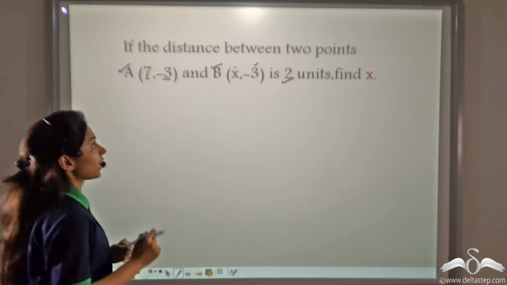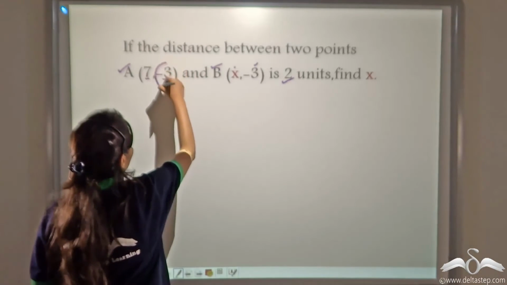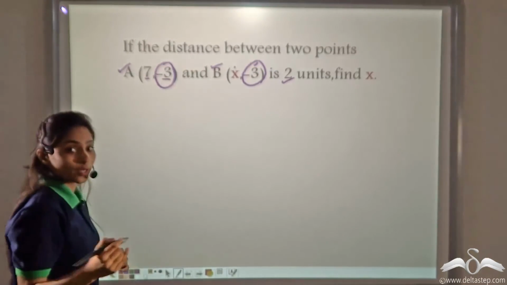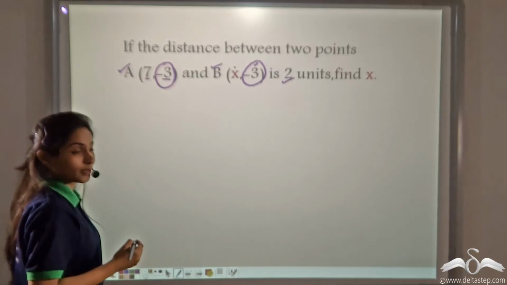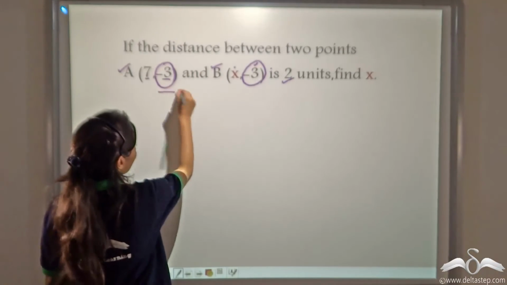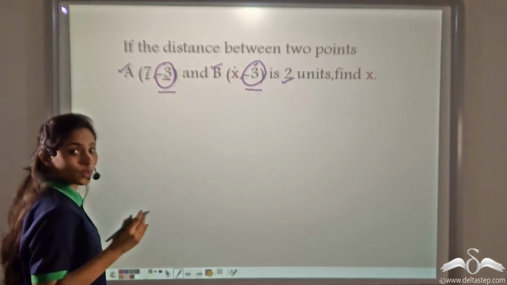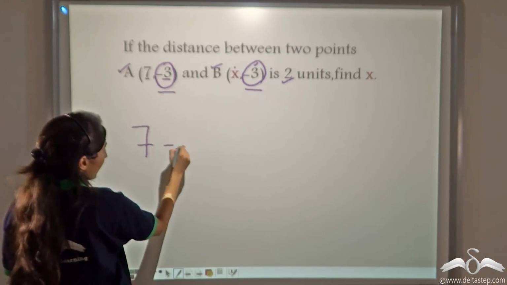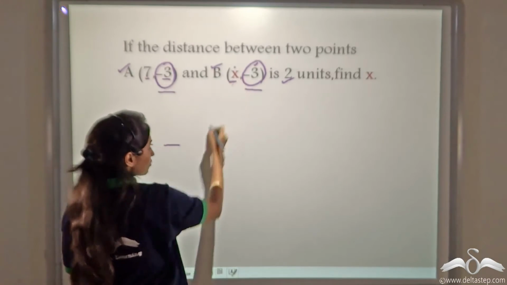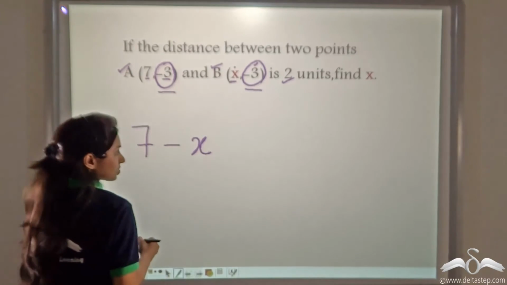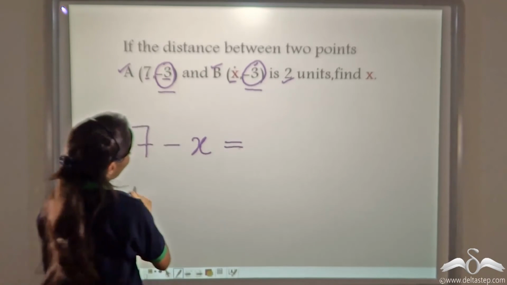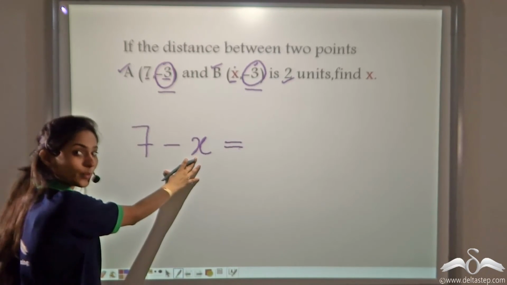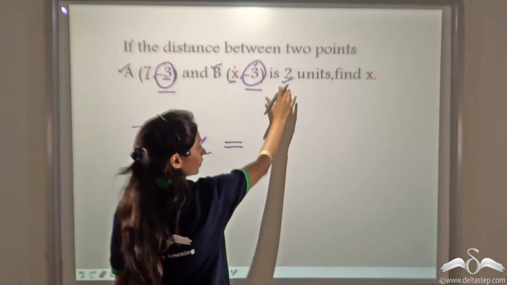Now you know that whenever any one coordinate of both the points is same, we subtract the other 2 coordinates. So here you can see that both the y coordinates are same. So what we will do? We'll subtract the x coordinates. So 7 minus, here we don't know what this coordinate is. Let's use the variable x. Now you know that if I subtract the x coordinates, I'll get the distance between A and B, which is already given to me in the question.